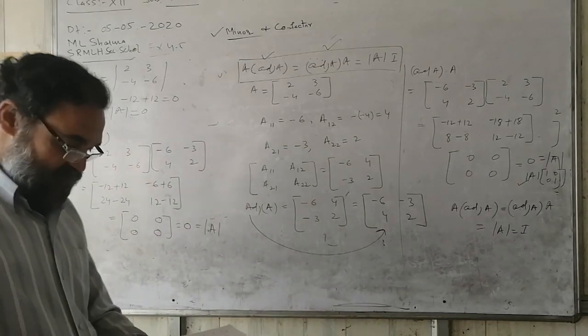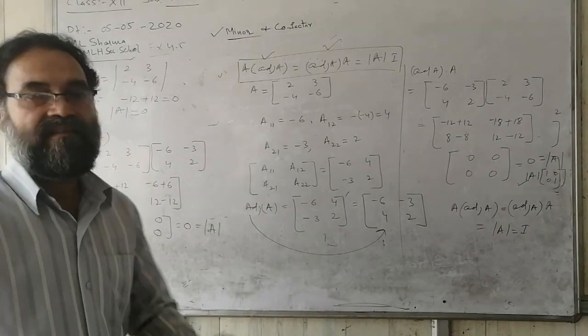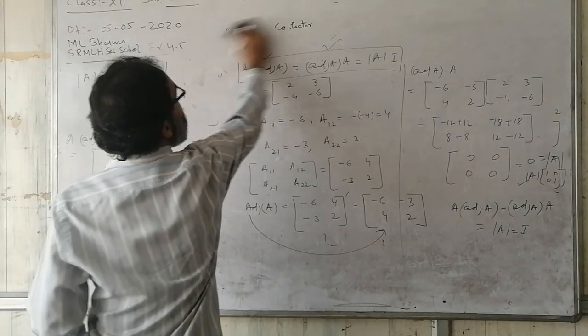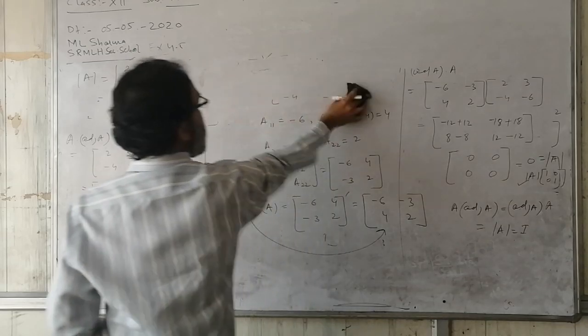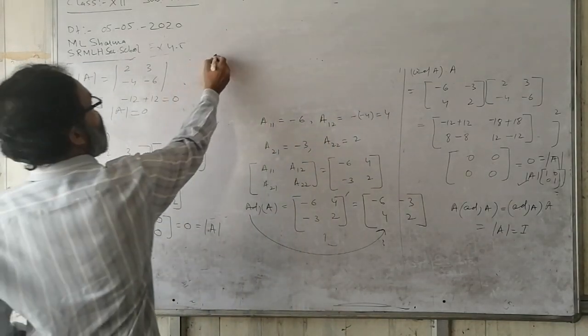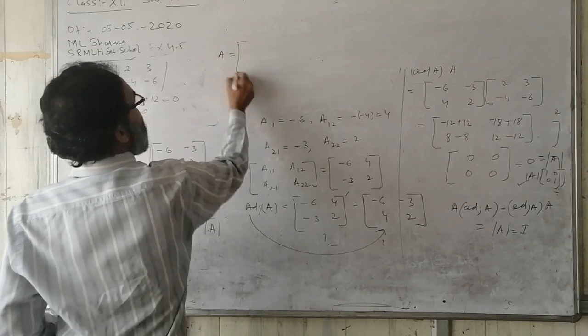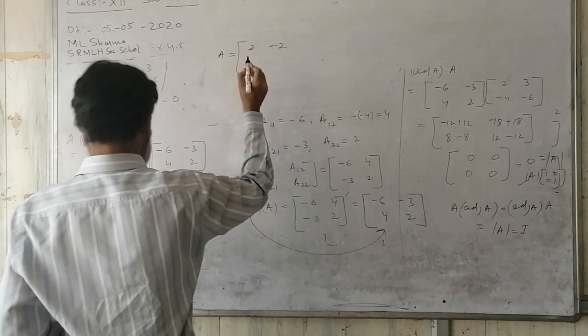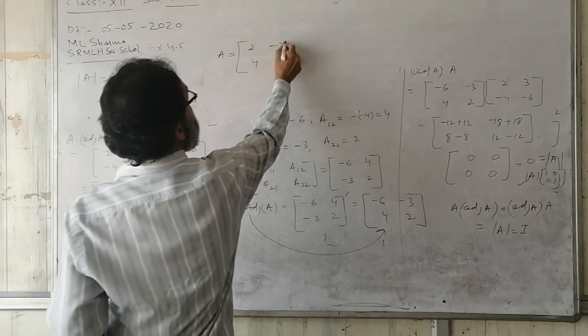So two questions for you to try. Matrix A is given as 2, minus 2, 4, 3.